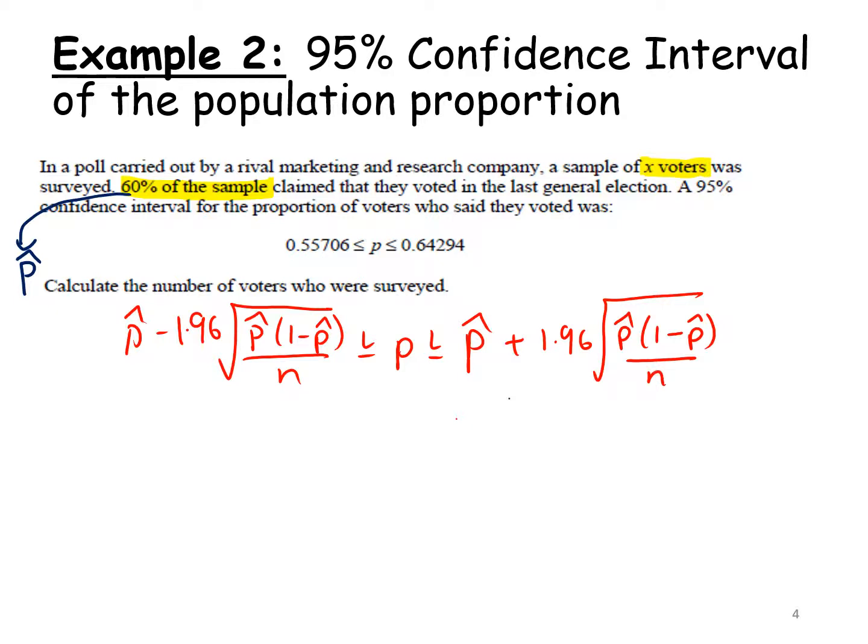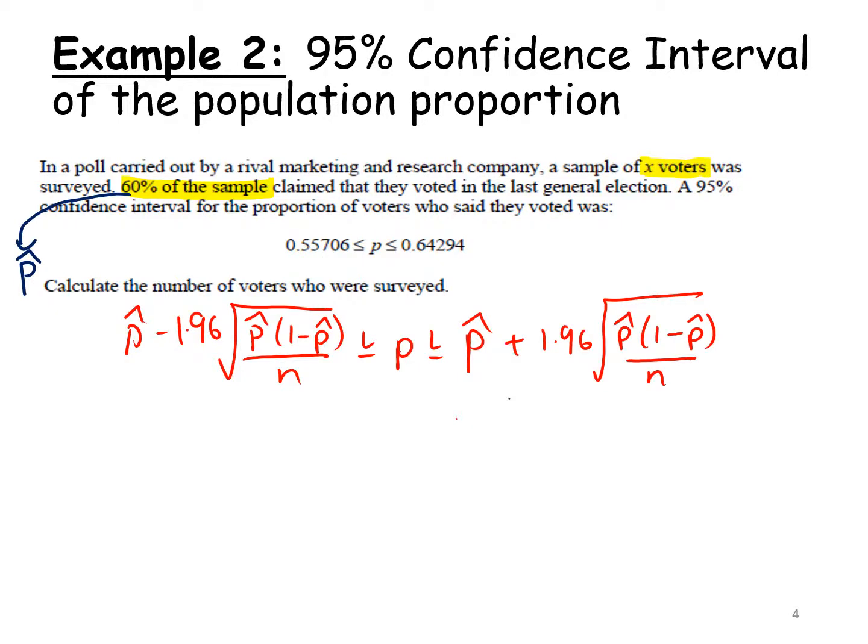Remember, that's the standard error of the proportion taken straight from page 34 of our log tables. So we know p hat, and we can work with either side of that to figure out what n was.